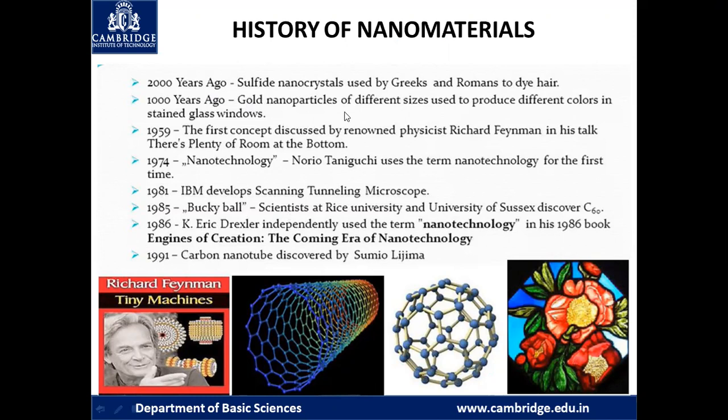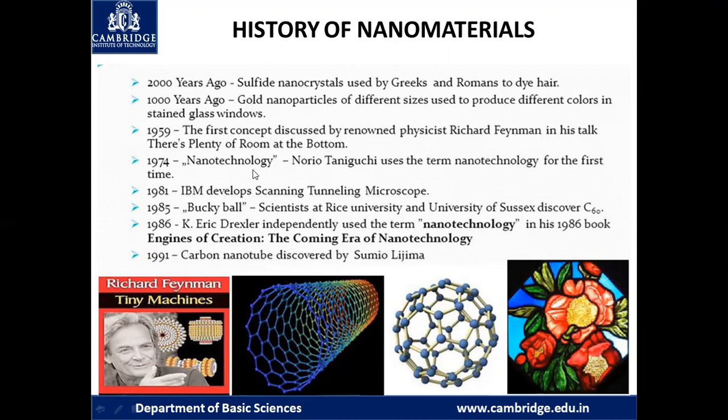Golden nanoparticles were used to produce different colors in stained glass windows 1000 years ago. In 1959, the first concept was discussed by renowned physicist Richard Feynman in his talk, There is Plenty of Room at the Bottom. With this talk, the nanomaterial revolution started.